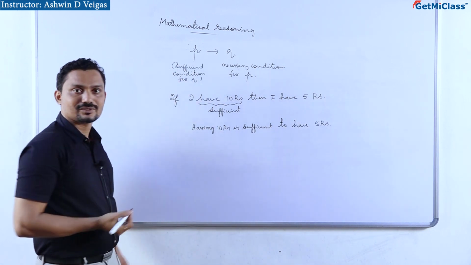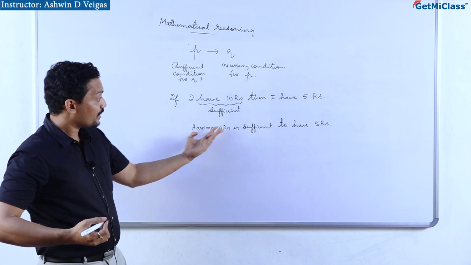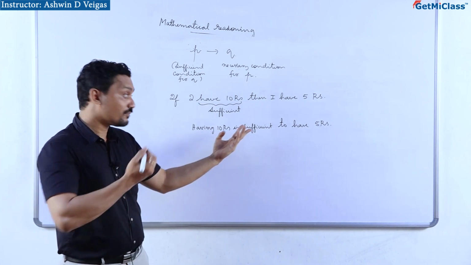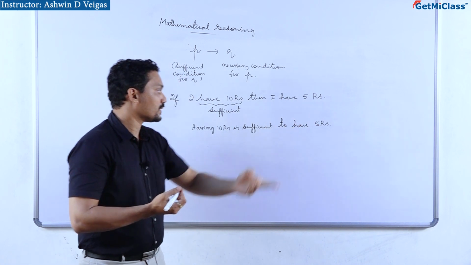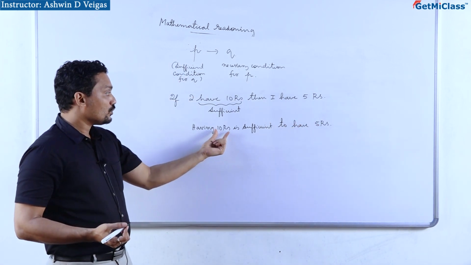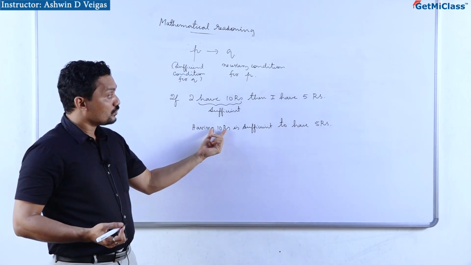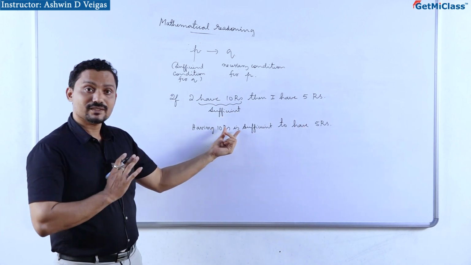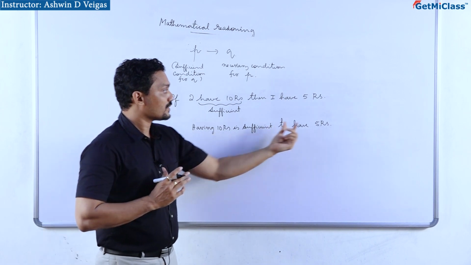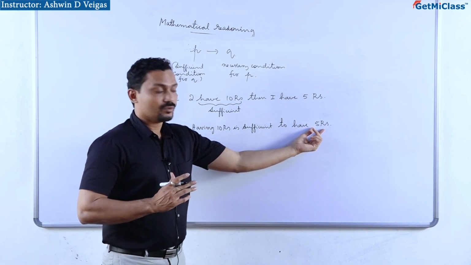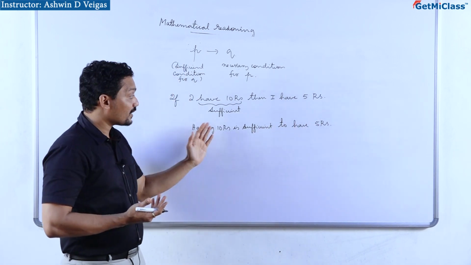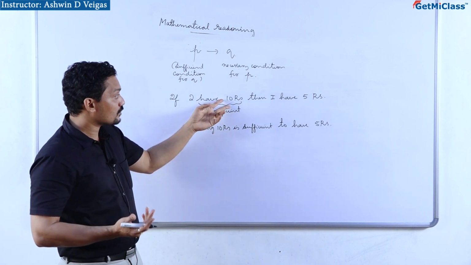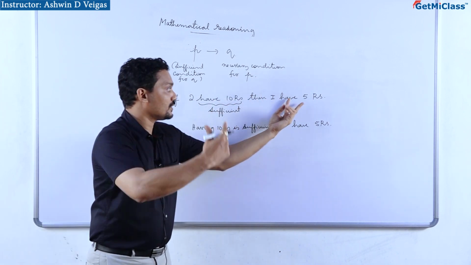See, if you have 10 rupees, having 10 rupees is sufficient to have 5 rupees. So when you have 10 rupees, you have 5 rupees. If somebody asks you for 5 rupees, you can give it. So having 10 rupees is called sufficient condition for this.